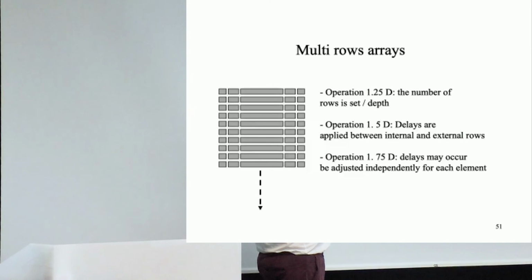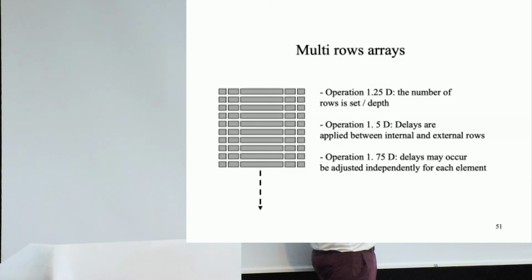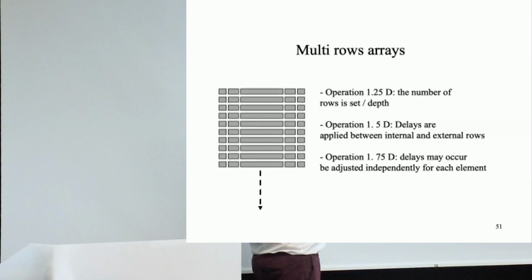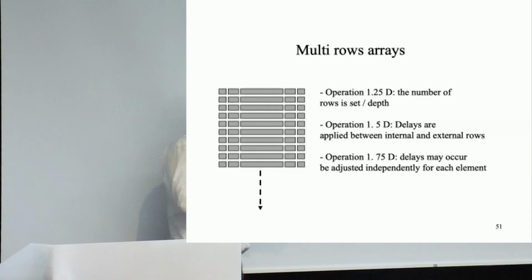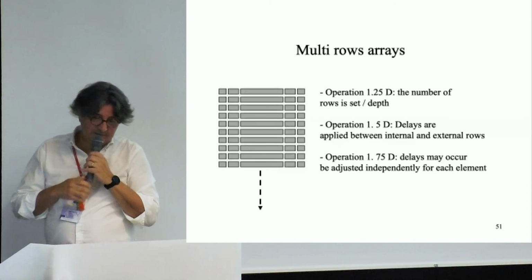And so you have 1.5D arrays and 1.75D where you can also manage the delay in this direction. This complexifies, of course, your echograph and your transducer, but people are doing that.